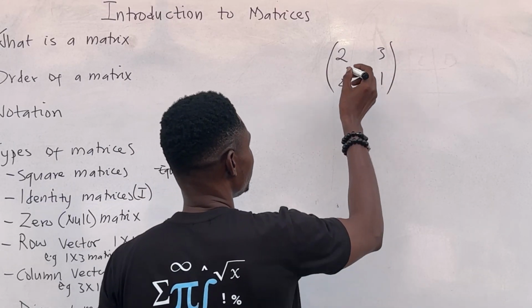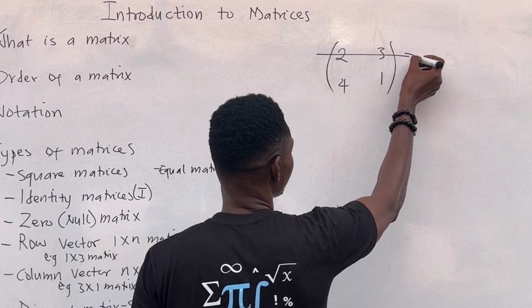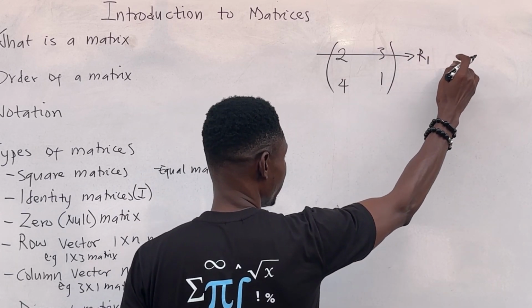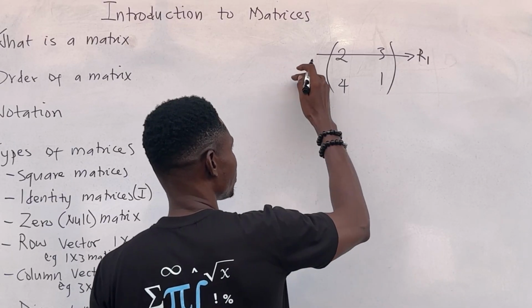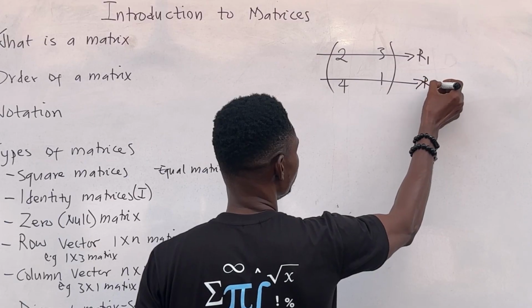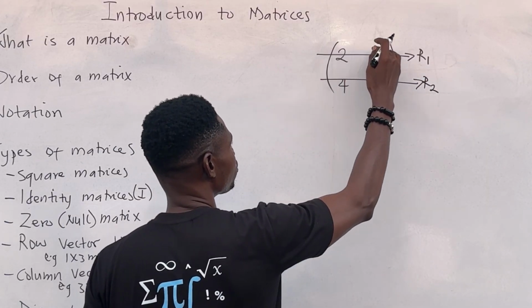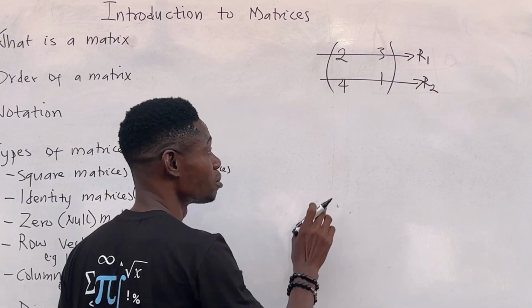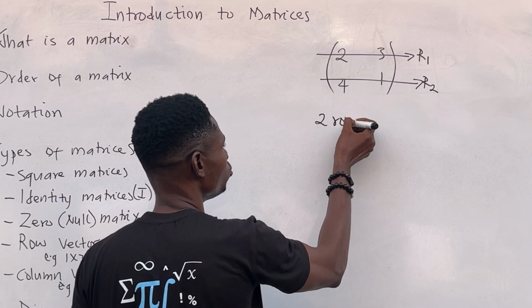Now watch. This first arrangement is called row 1. So this is a row in the matrix. This second horizontal arrangement is row 2. So first row, second row. So there are 2 rows in this matrix.